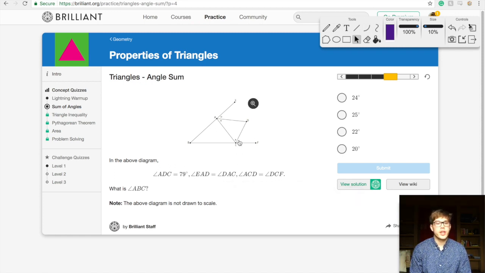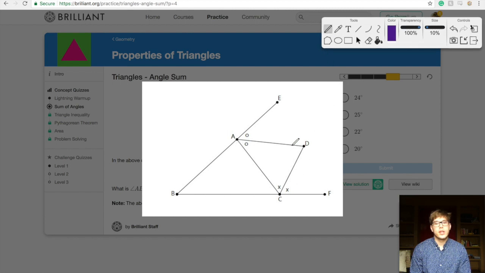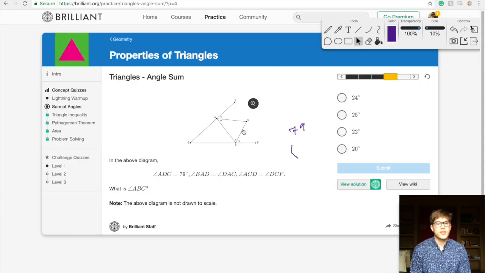And I believe those are labeled. So ADC equals 79. Yes, and these are both labeled. This angle is 79.